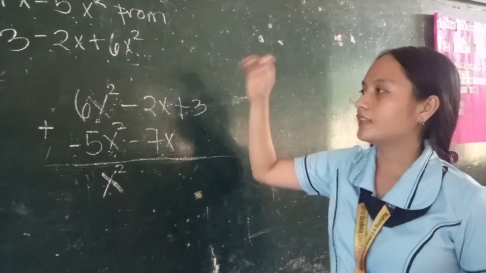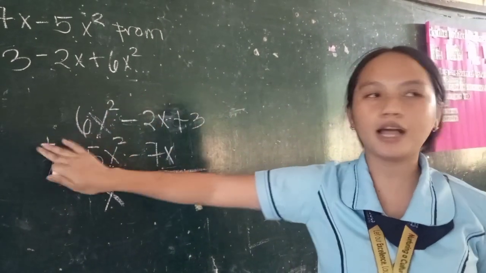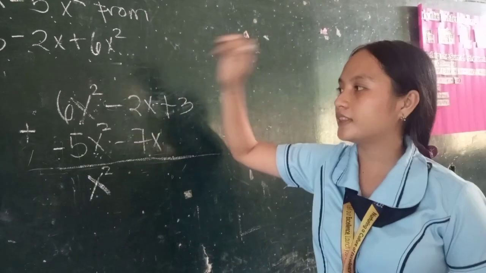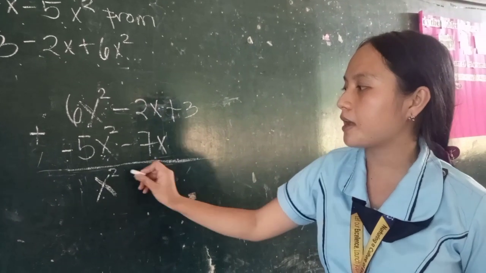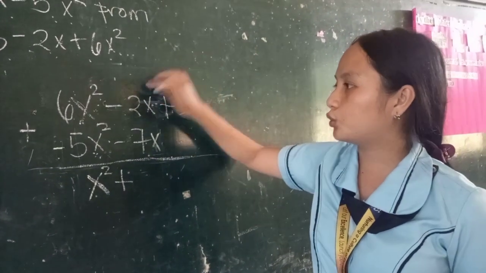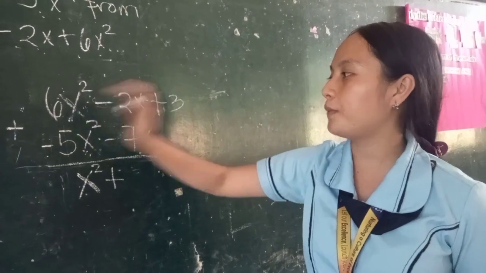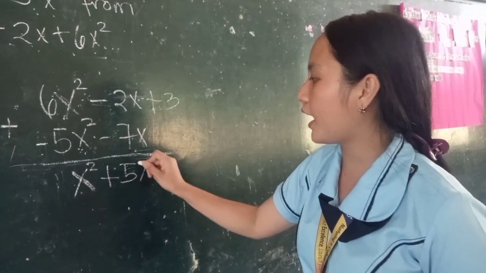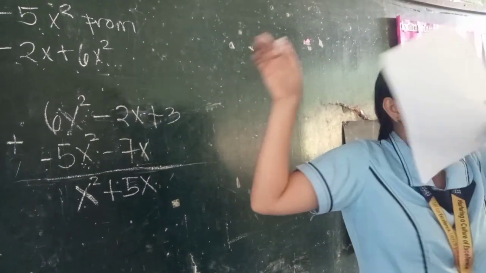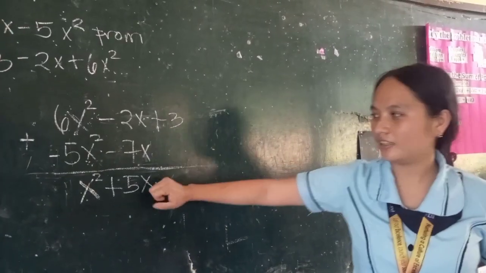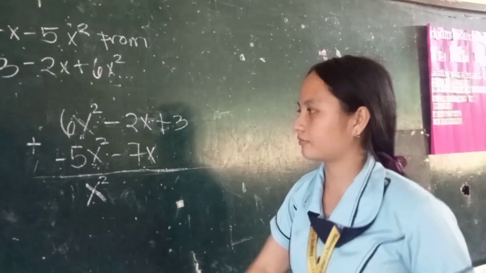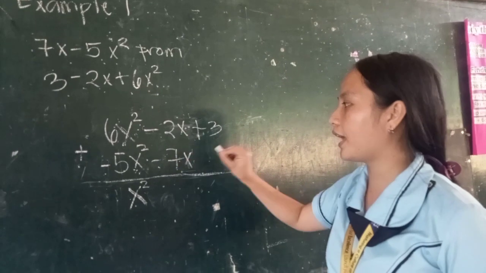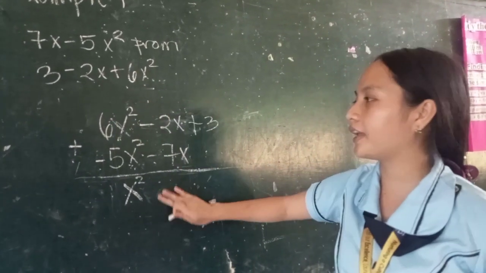Next, negative 2x plus negative 7x is equal to.